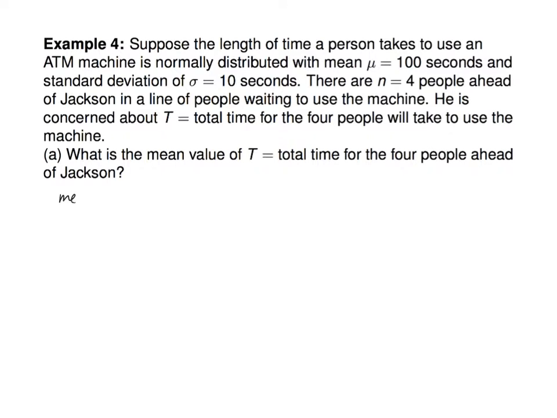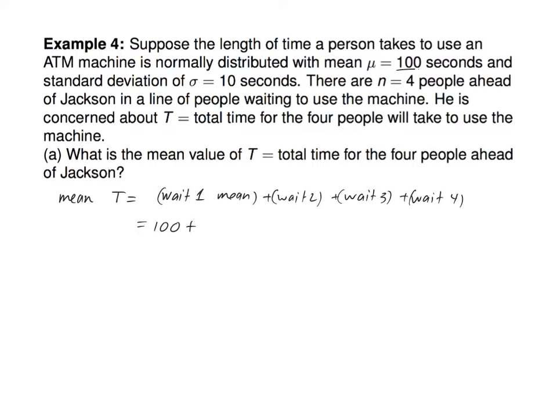So the mean for T will be wait 1's mean plus wait 2 plus wait 3 plus wait number 4. And what's the average time you're going to wait for the first person? 100.